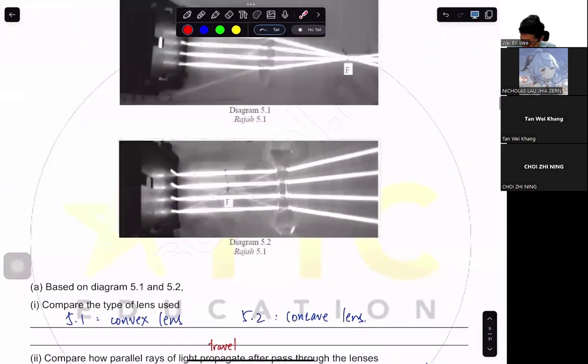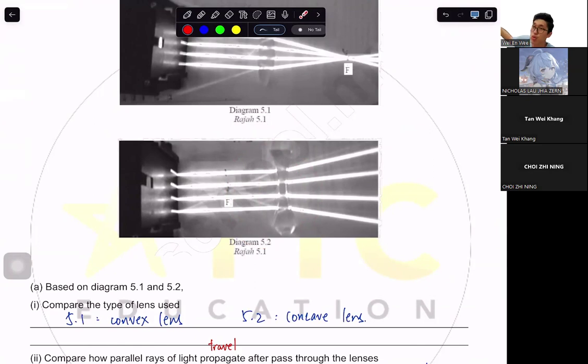Now the thing about this concave lens is that the image will always be a virtual image. Actually, it will always be virtual, upright, and diminished. Virtual image means that it cannot shine onto a screen.